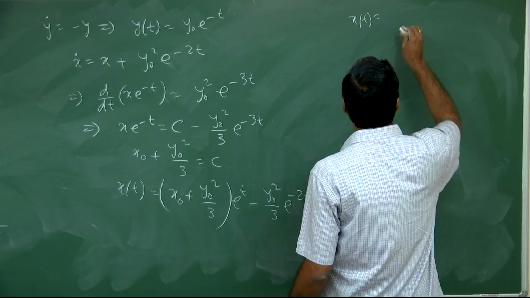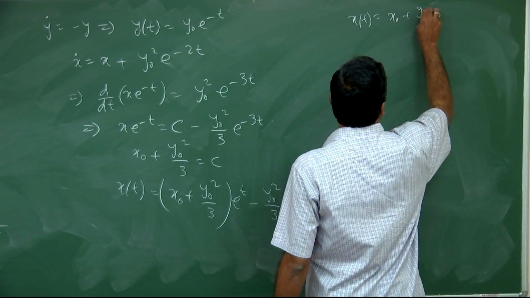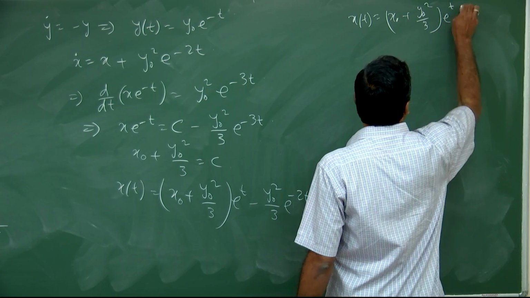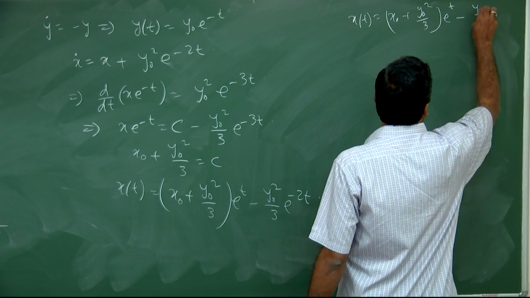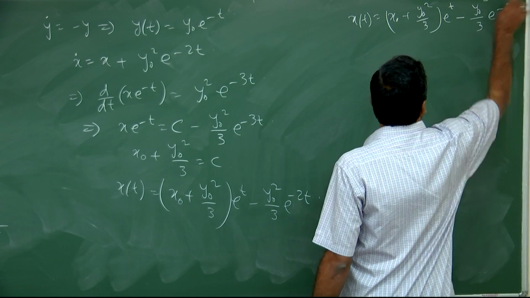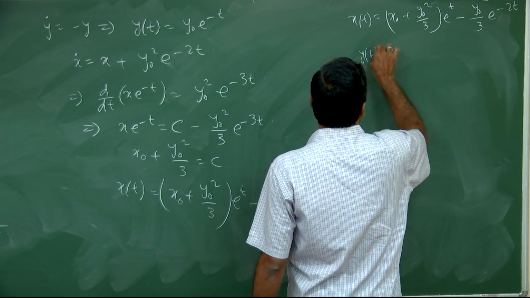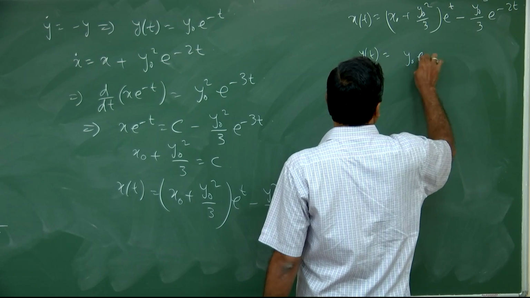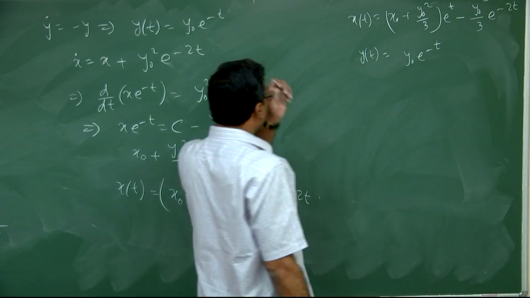Now once you have this structure, you can write down the solutions in this format: x(t) equals x0 plus y0 square by 3 times e to the power t minus y0 square by 3 e to the power minus 2t, and y(t) equals y0 e to the power minus t.